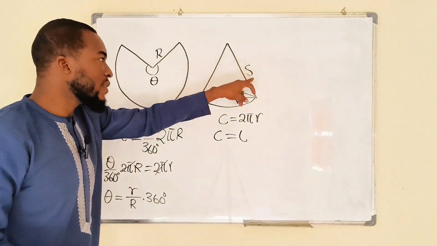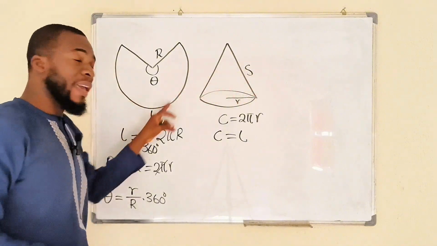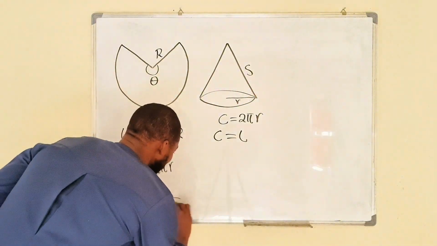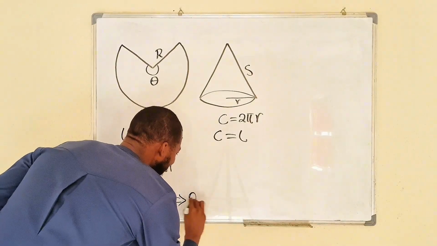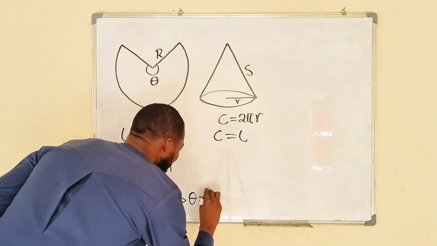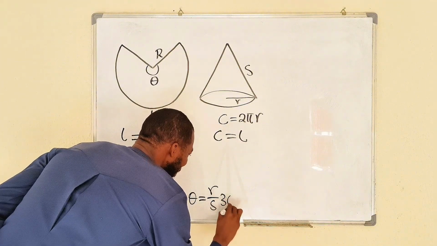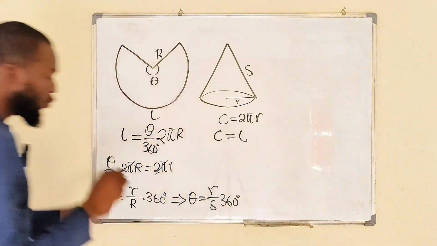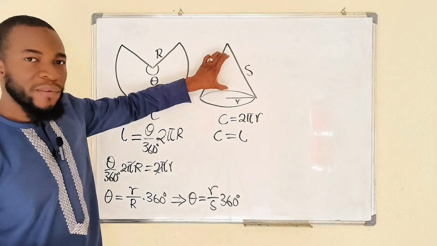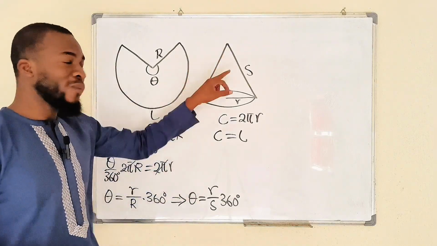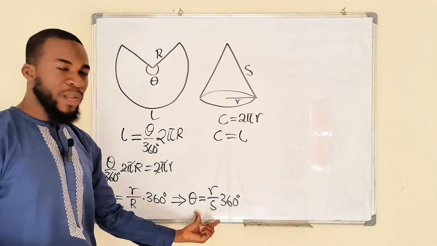The reason why I use S is because I have already used L for the sector. So finally, we have the angle of the sector equal to small r over S multiplied by 360 degrees. Whenever you're given a cone and asked to find the angle of a sector that was used to form that cone, use this formula.